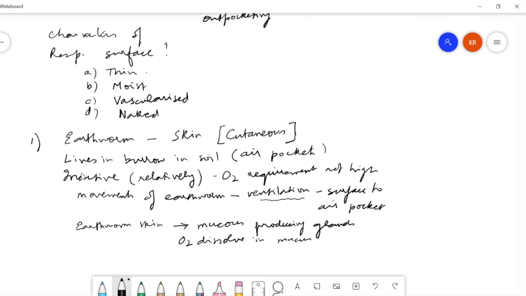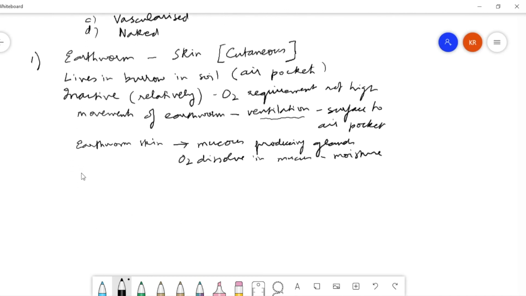Because of this mucus, moisture is kept high. And the earthworm skin is richly supplied with blood vessels.